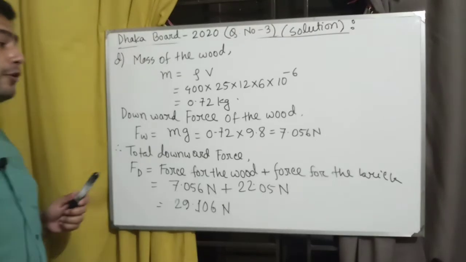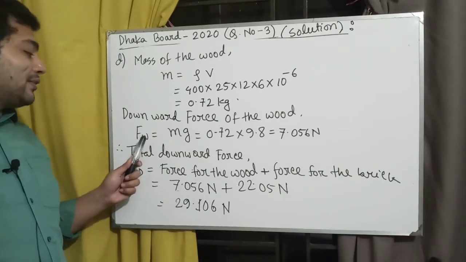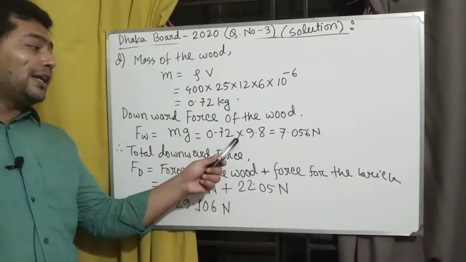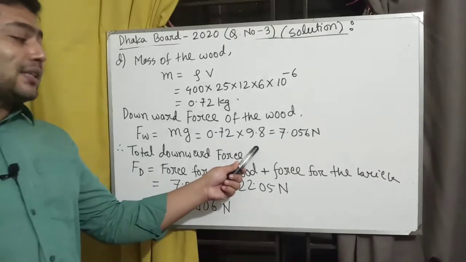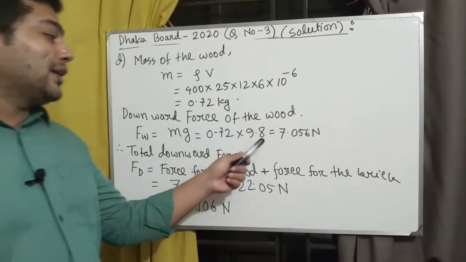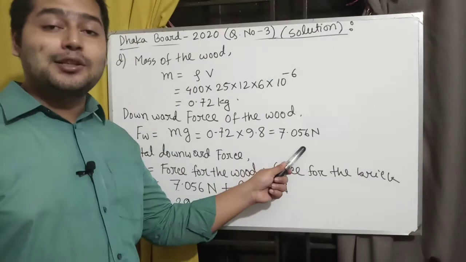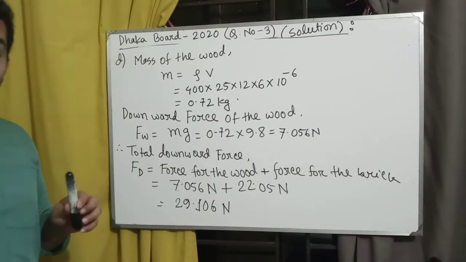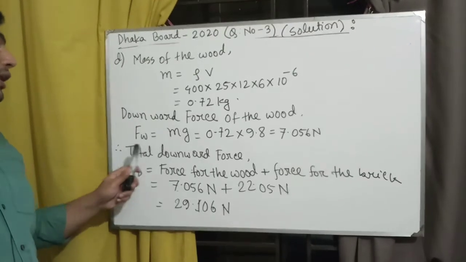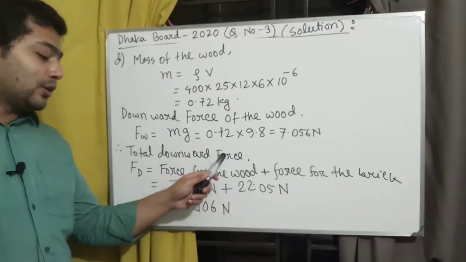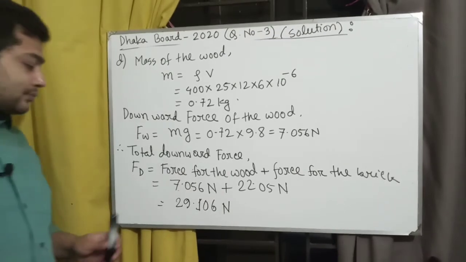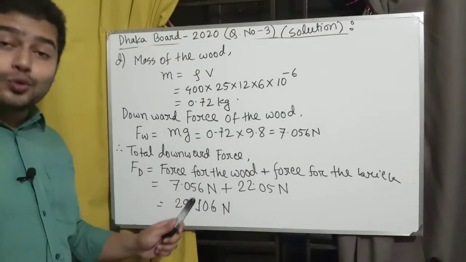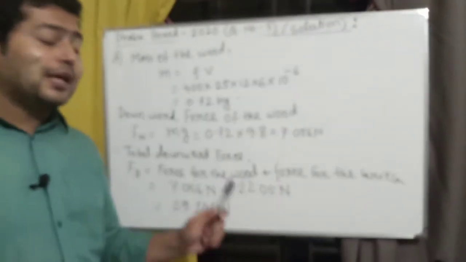Now downward force of the wood, Fw equal to mg. Here m is 0.72 into gravitational acceleration 9.8. Calculating, we get 7.056 Newton. Now total downward force will be equal to force for the wood plus force for the brick.